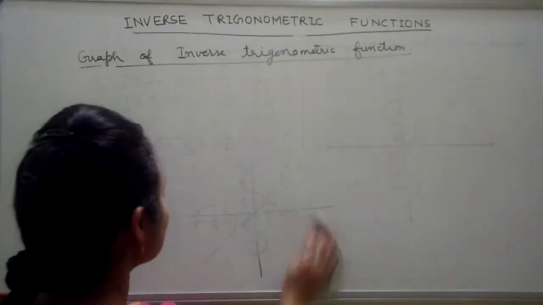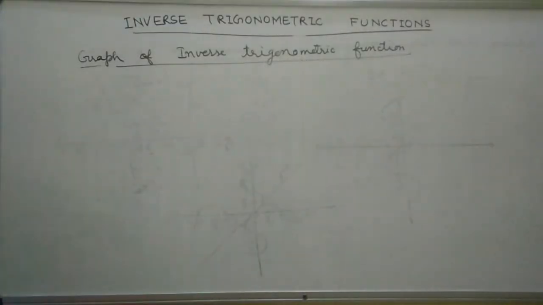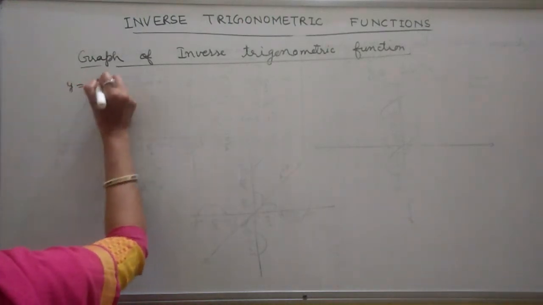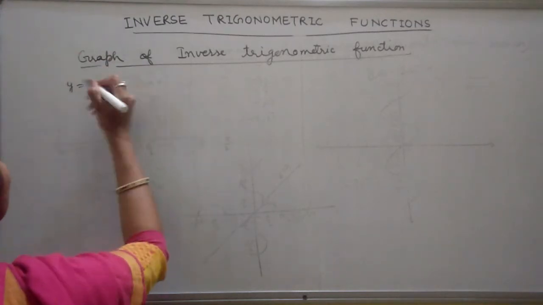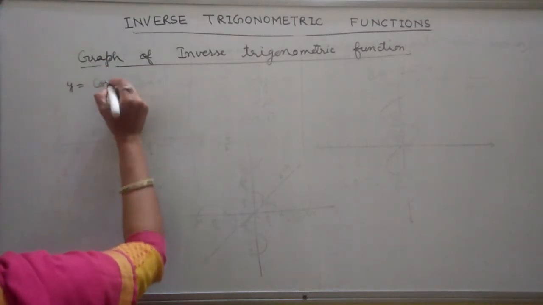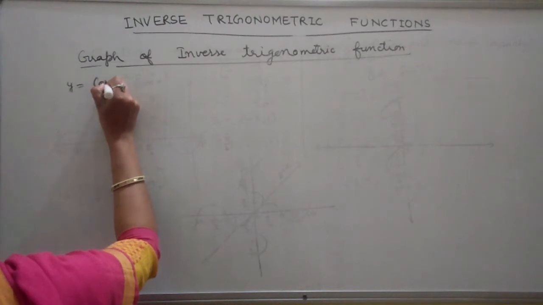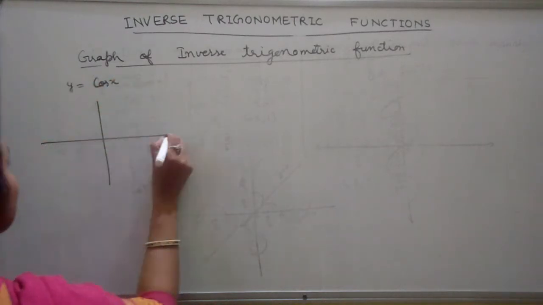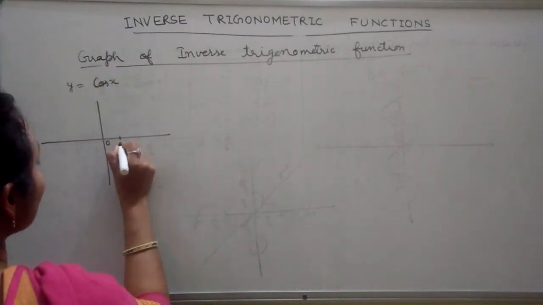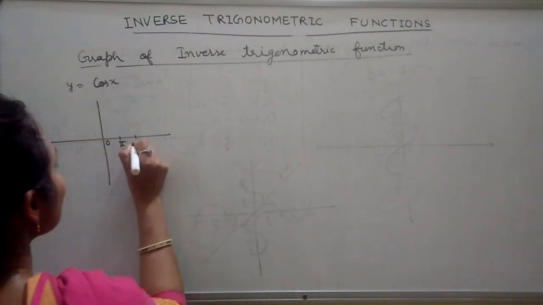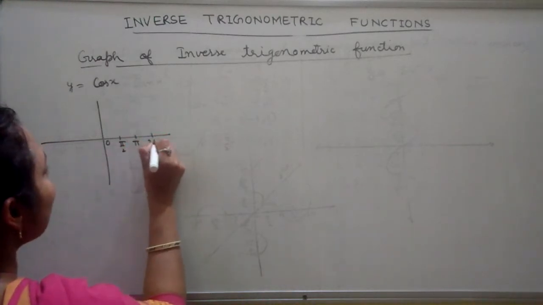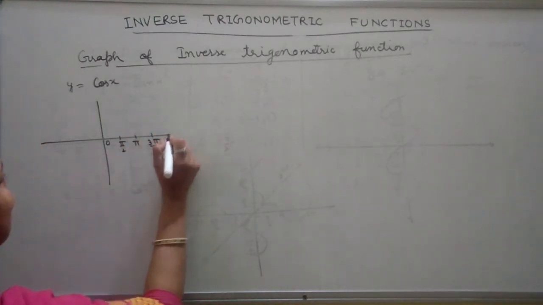We have the second one. I will make small diagrams for the comparison. First is y equals cos x. The graph is, this is 0, this is pi by 2, this is pi, this is 3 pi by 2, and this is 2 pi.